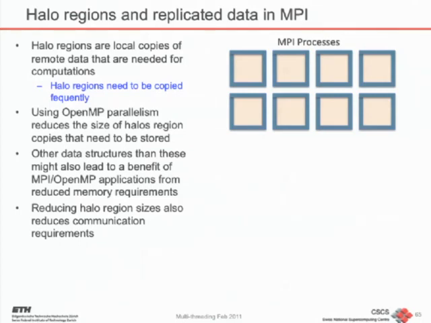These things need to be copied frequently, and they consume a lot of bandwidth as well, for the reasons we mentioned before, having to take multiple copies with MPI. But using OpenMP, we can reduce the size of these halos where we can get everybody to see the same space. There are other data structures as well as these halo regions that may benefit. And as I said, it reduces communication requirements and bandwidth.